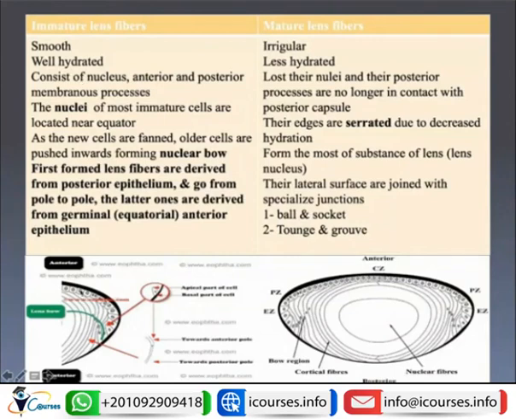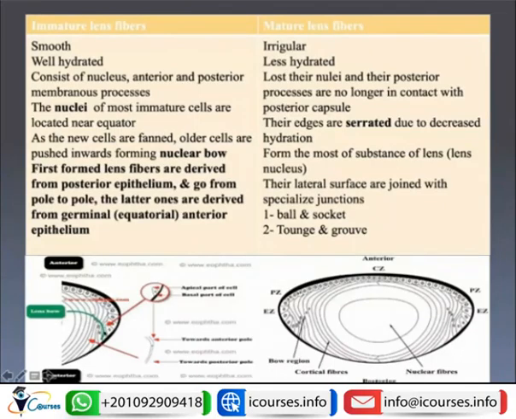The immature lens fiber consists of a nucleus, anterior process, and posterior process. The posterior process is in junction with, or attached to, the posterior lens capsule, as you can see here.